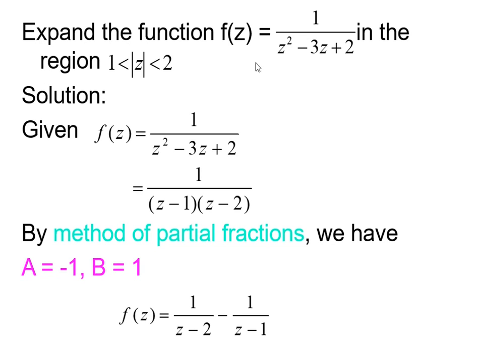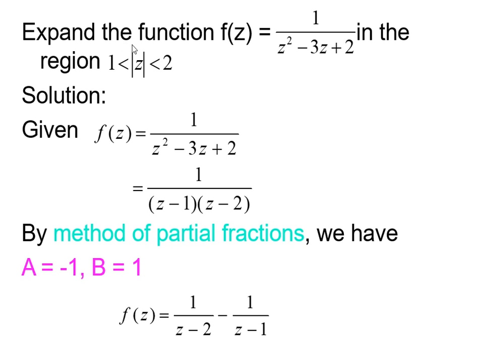Expand the function f of z is equal to 1 by z square minus 3z plus 2 in the region 1 strictly less than mod z less than 2. This is nothing but a concentric circle, above the radius 1, below the radius 2.